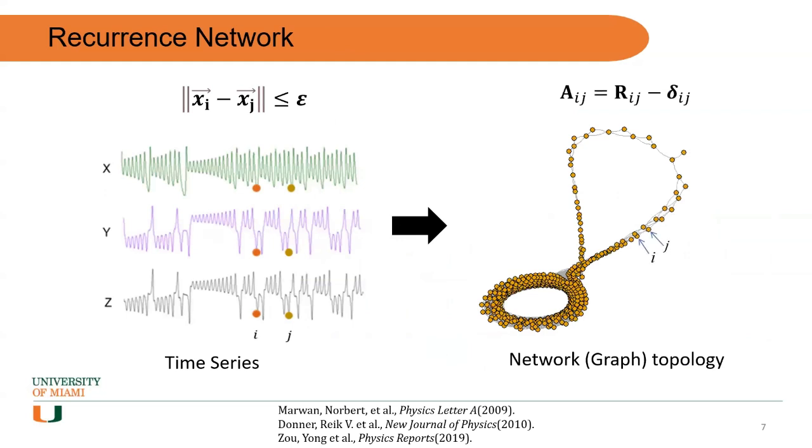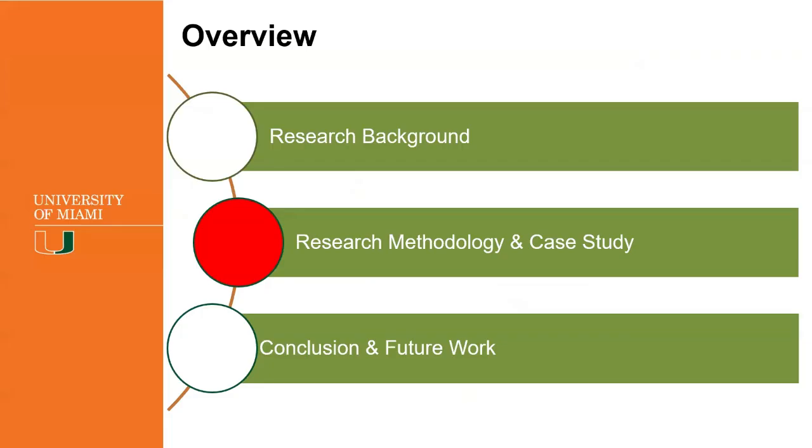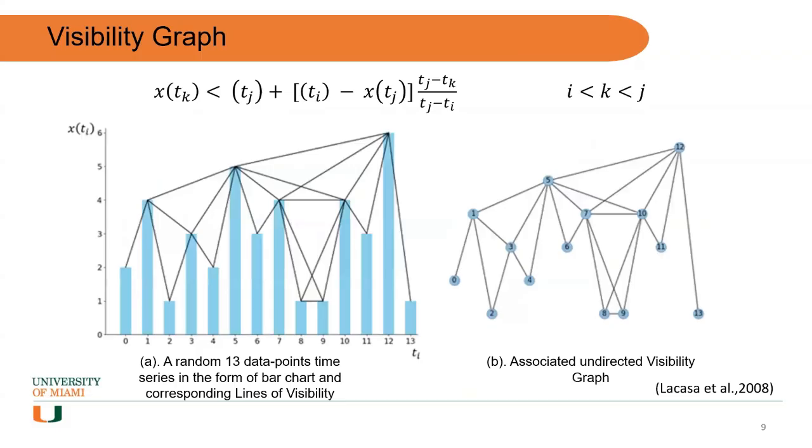One popular tool is the recurrence network, or recurrence network graph. We convert the time series from the nonlinear dynamical system to a network graph and use the graph topology to study the underlying system. In this research, we use the visibility graph.